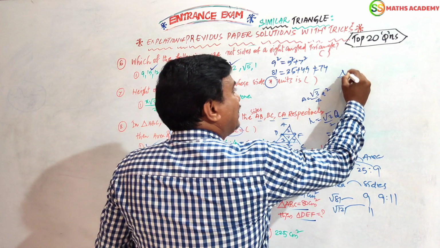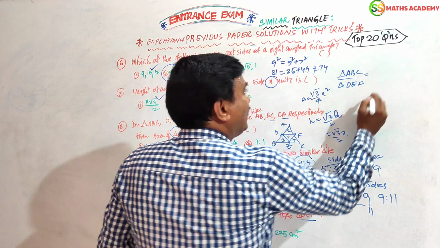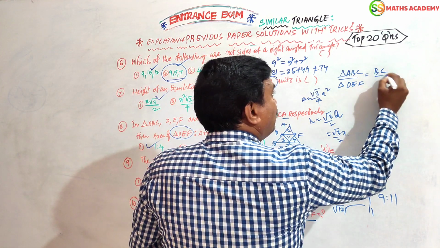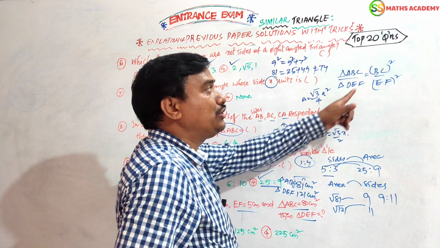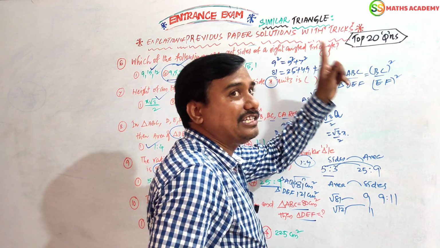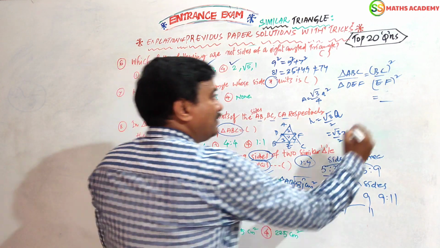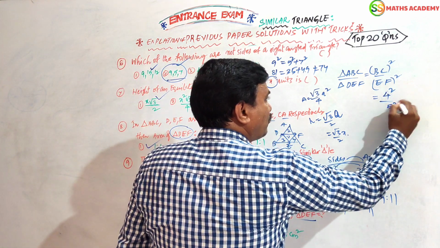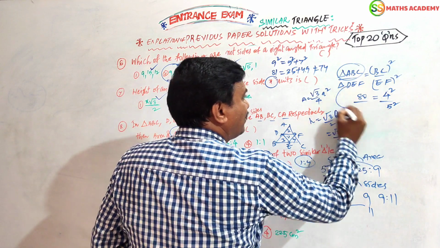Area of triangle ABC by area of triangle DEF equals the ratio of the squares of their corresponding sides, BC by EF. BC value is 4, EF value is 5, squared. ABC area is given as 80, find DEF.